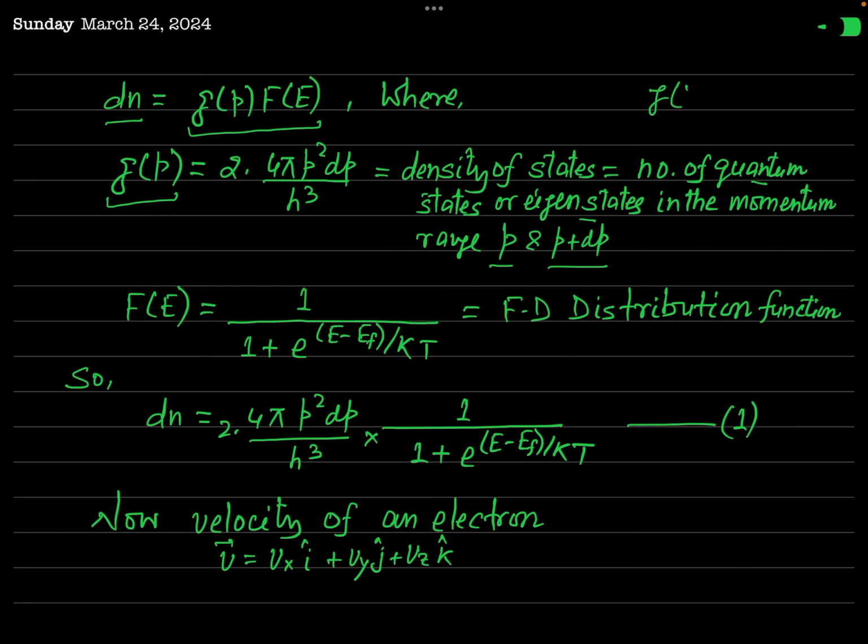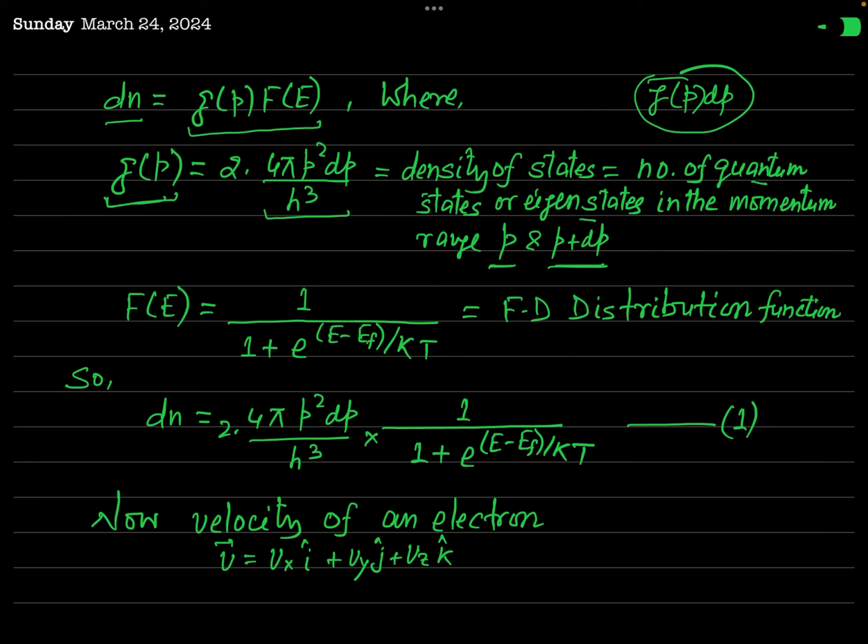This is also written as G of P dP, to indicate the range. So this is the number of eigenstates of an electron whose momentum lies between P and P plus dP. And you can see, if we ignore the spin of the electron, then this density of states is found to be this much.